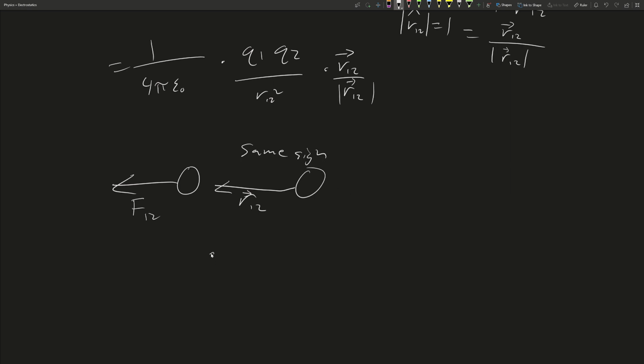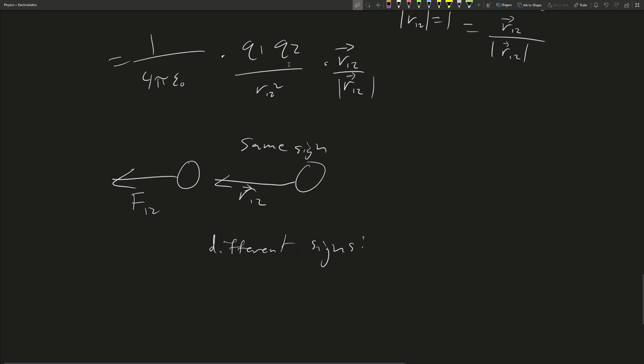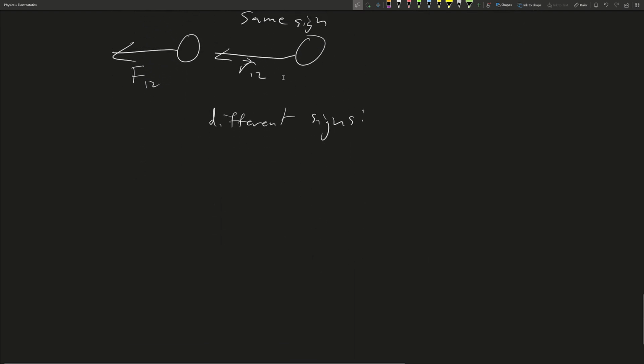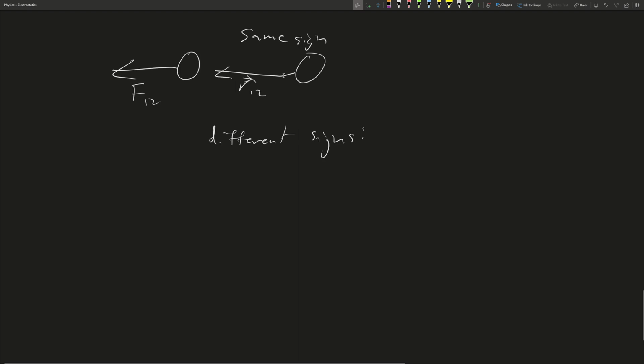However, when they're different signs, then you see that this term here, Q1 Q2, is negative, because one of them has to be negative and one of them has to be positive.